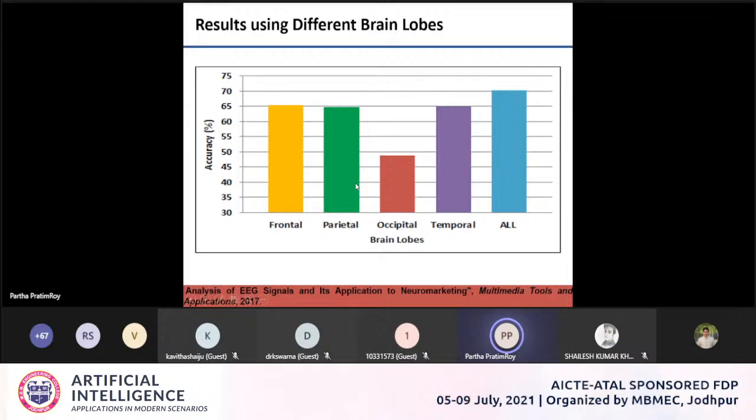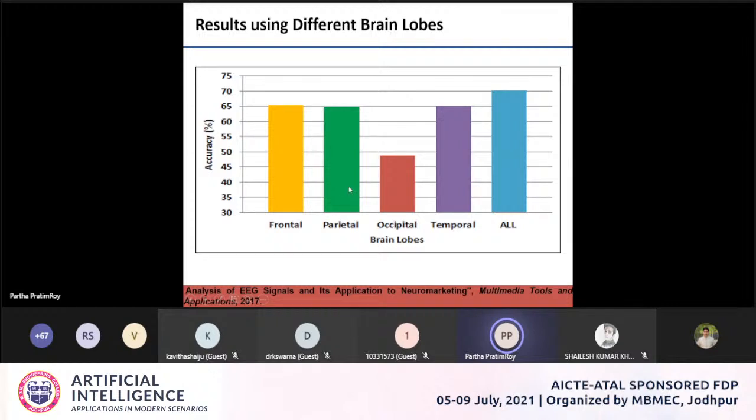And I have told you another point: if we place the electrodes in only one part of the brain, for example the frontal part, which is active for this neuromarketing task, then the accuracy is around 65%.